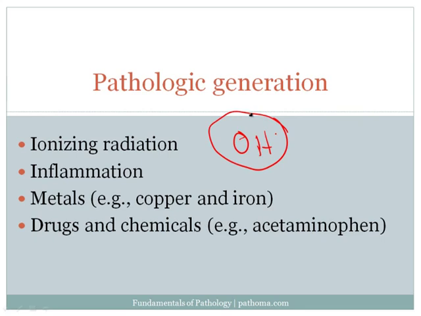And we should bear in mind that among all of the free radicals, the hydroxyl free radical is the most damaging, and that's something that examiners like you to know. So again, I'll repeat it. Of all of the free radicals, the hydroxyl free radical is the most damaging.